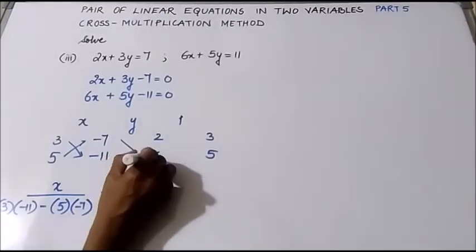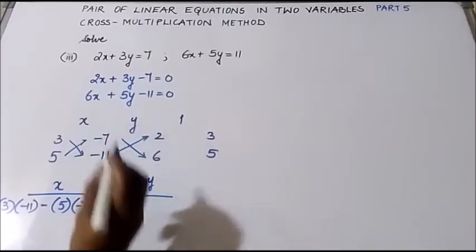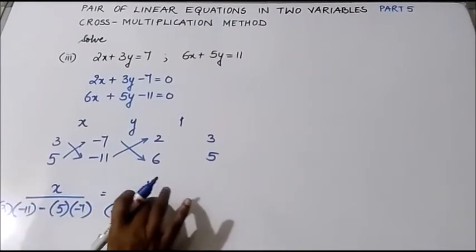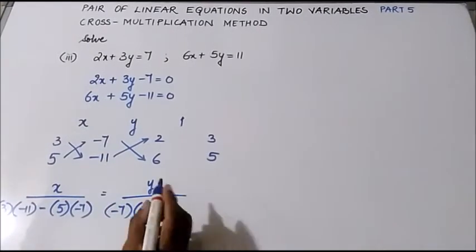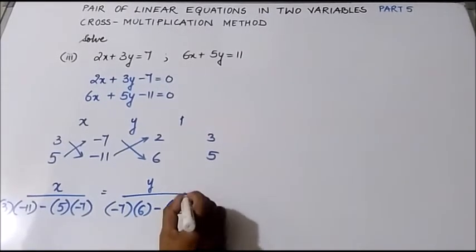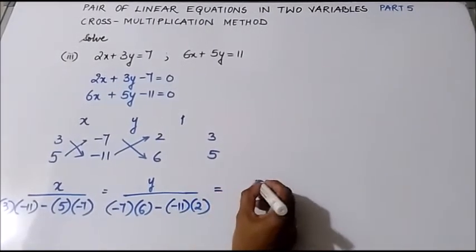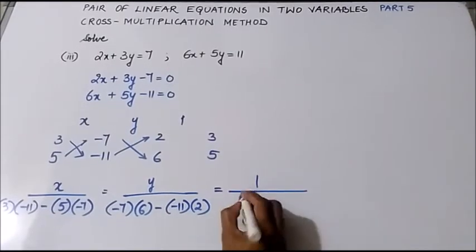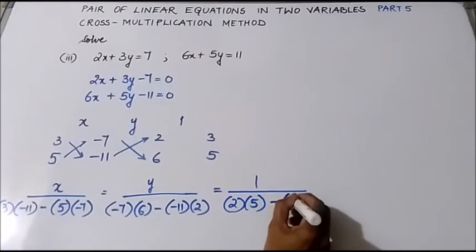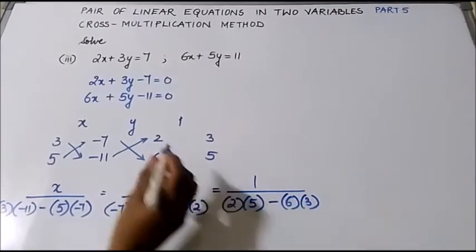Y upon minus 7 into 6 minus 11 into 2 is equal to 1. This is 2 into 5 minus 6 into 3.